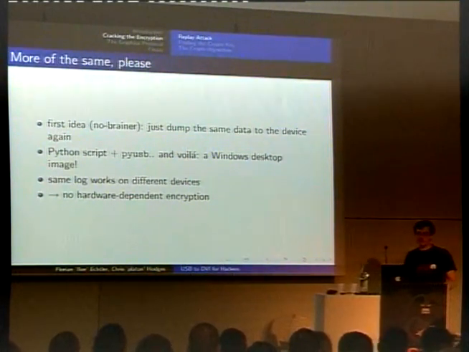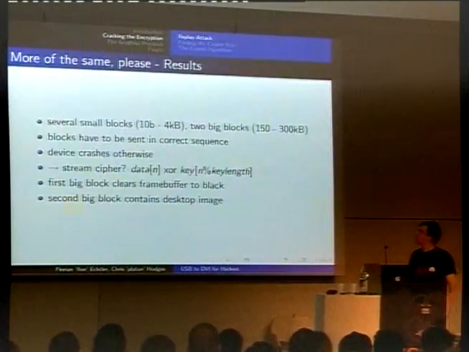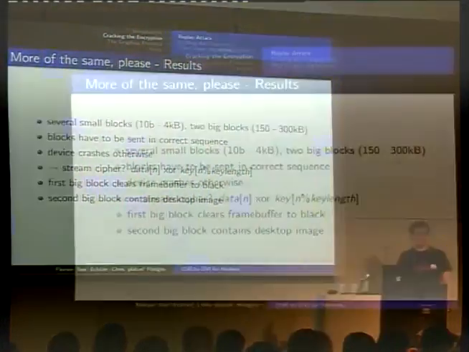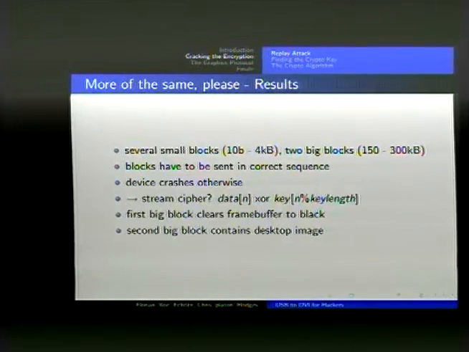When you look at the data which is sent to the device, then you have some small blocks of maybe at most 4 kilobytes, and we have 2 very big blocks. These blocks have to be sent in the correct sequence, otherwise the device starts flashing wildly and crashes. And this, again, allows the conclusion that maybe a stream cipher is used here.